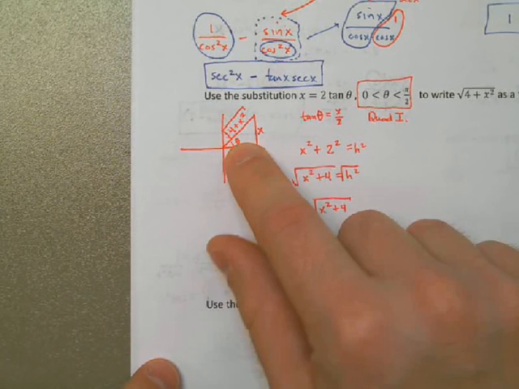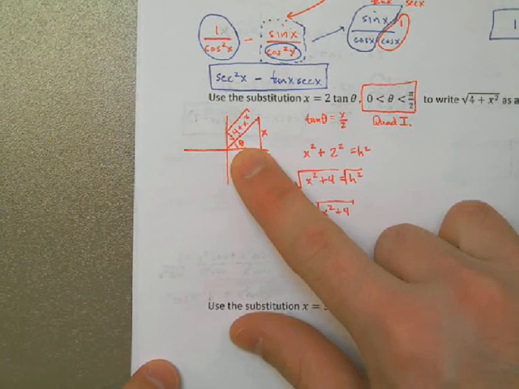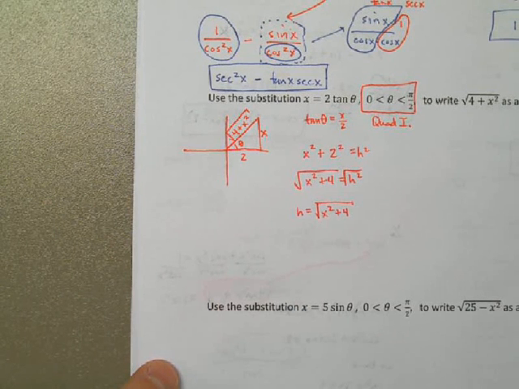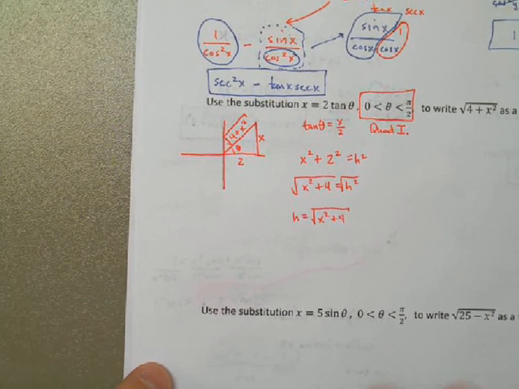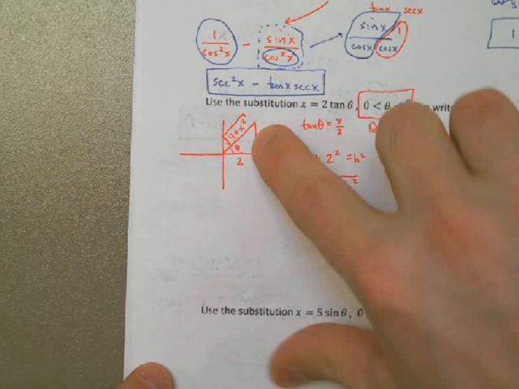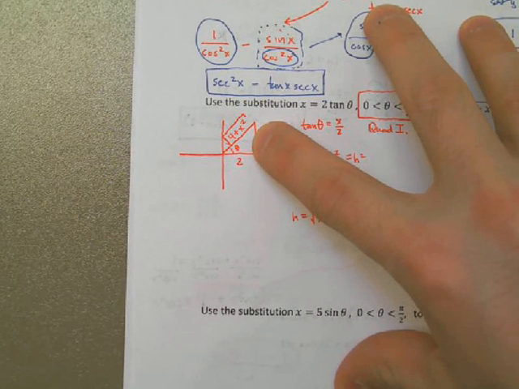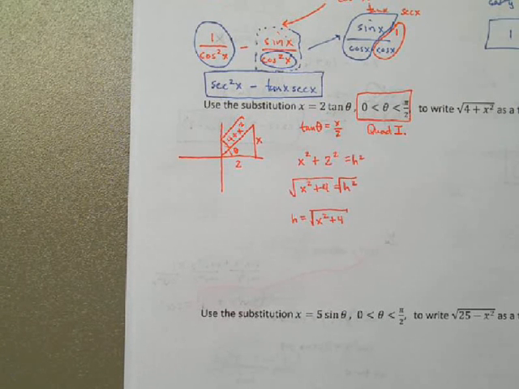Now I see here that I've got a 25 in both terms, so I'm going to go ahead and pull that out. It's 25 times 1 minus sine squared of theta. I just factored out the 25, and the reason I did that is because I know the square root of 25, don't I? Isn't that just 5? So really I have 5 times the square root of 1 minus the sine squared of theta.